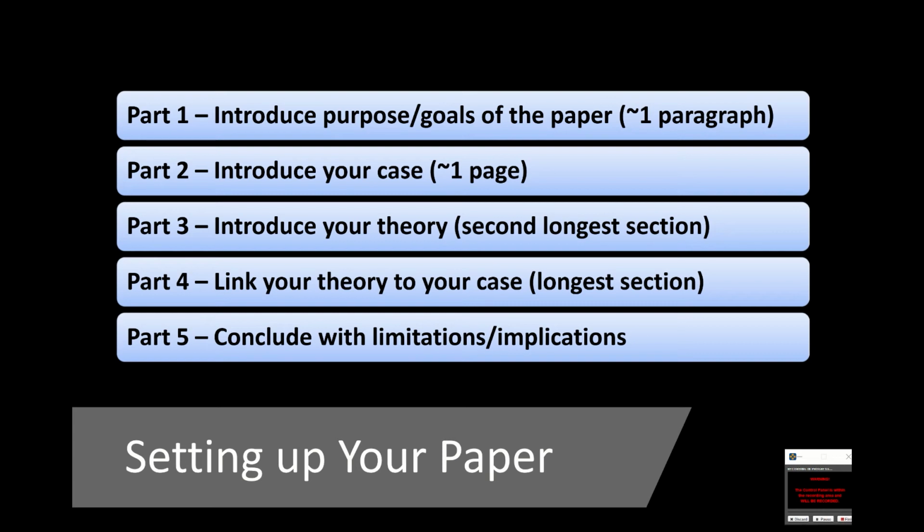And then the most important aspect of your paper is Part 4, where you're going to link your theory to your case. So for example, if you've selected social bond theory and Eileen Wuornos as who you'll apply the theory to, you would look at attachment, commitment, involvement, and belief in the background of Eileen Wuornos.